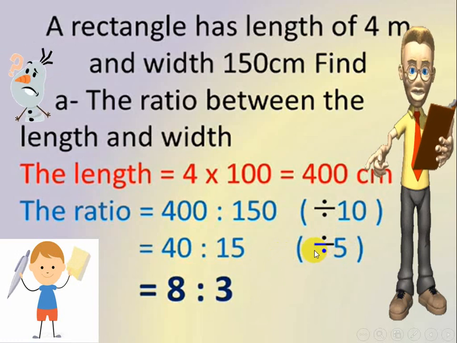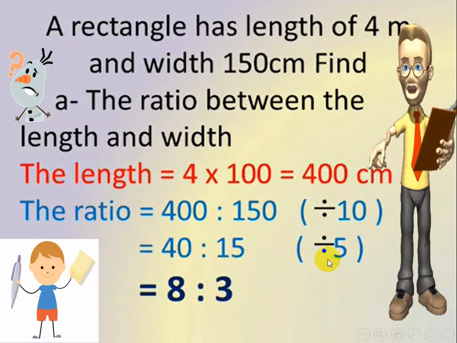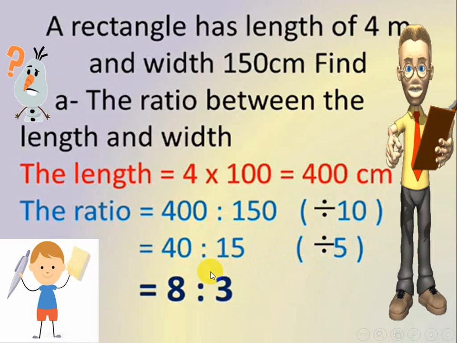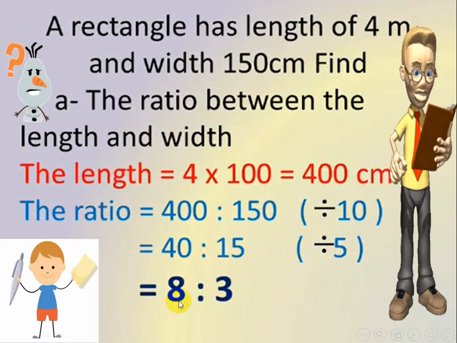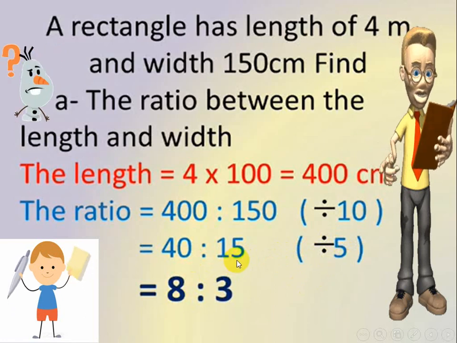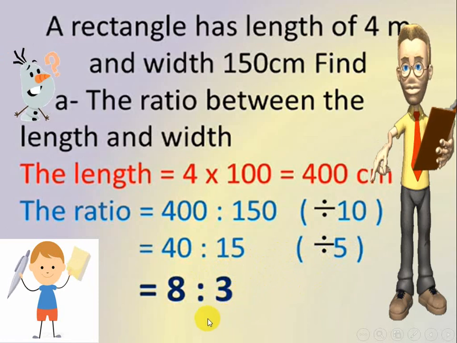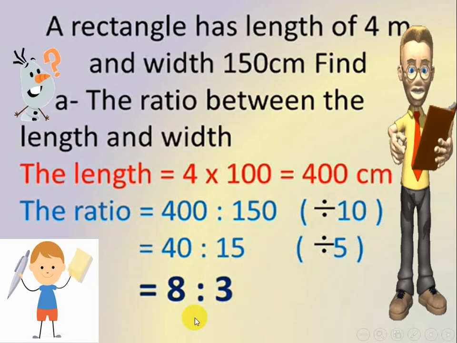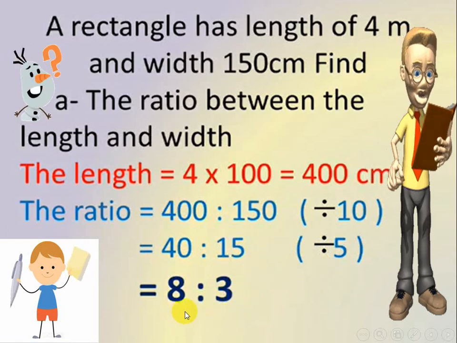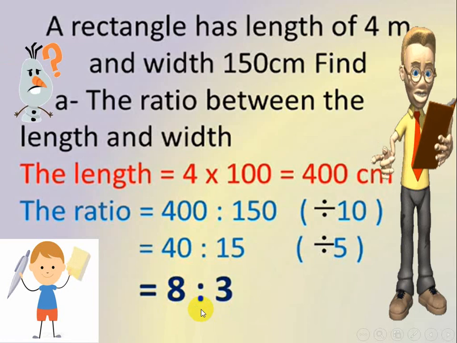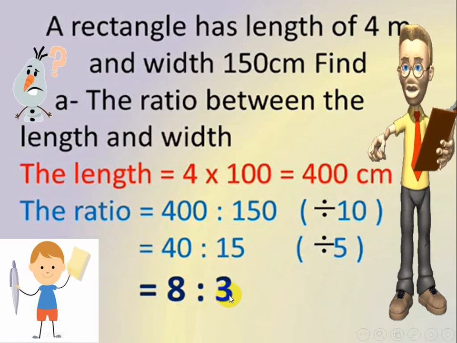So we'll write divided by 5. 40 divided by 5 equals 8. 15 divided by 5 equals 3. 8 and 3 are in the simplest form, so the ratio will be 8 to 3.